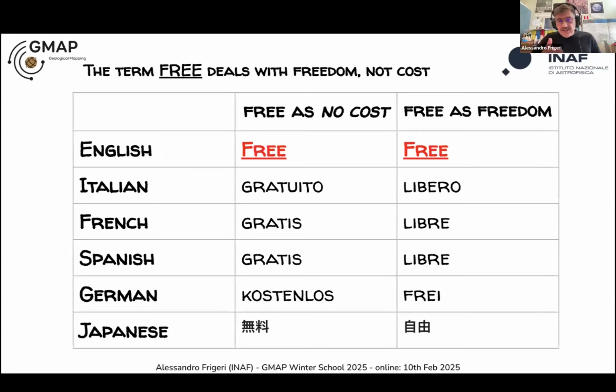So in English, there is this kind of ambiguity that free software can mean free at no cost and at the same time free as in freedom. So the other languages do not require this discussion. So with free software, we are speaking about free as in freedom and not free at no cost, which is important to understand, and we will see after why it is important.